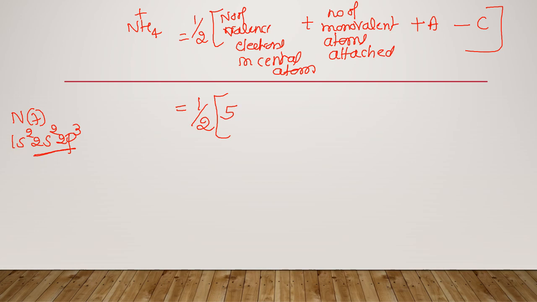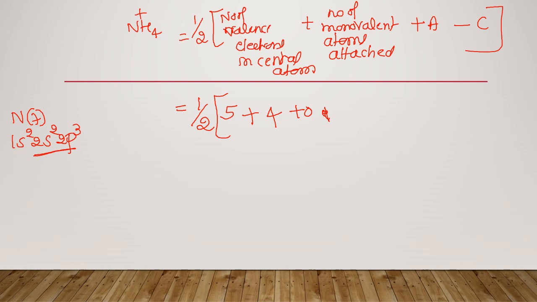the valence electrons are 5, plus number of monovalent atoms. Hydrogen is monovalent. How many atoms are there? 4. Plus anionic charge: is there any negative charge? No, plus 0. Is there any cationic charge? Positive charge is there? Yes, of course, plus 1.